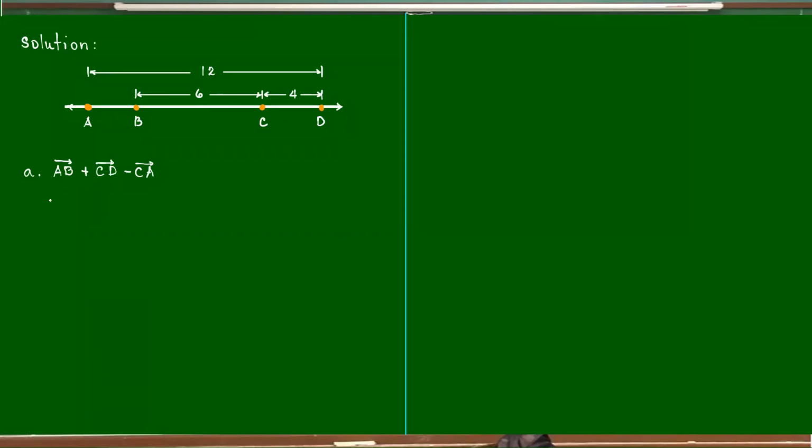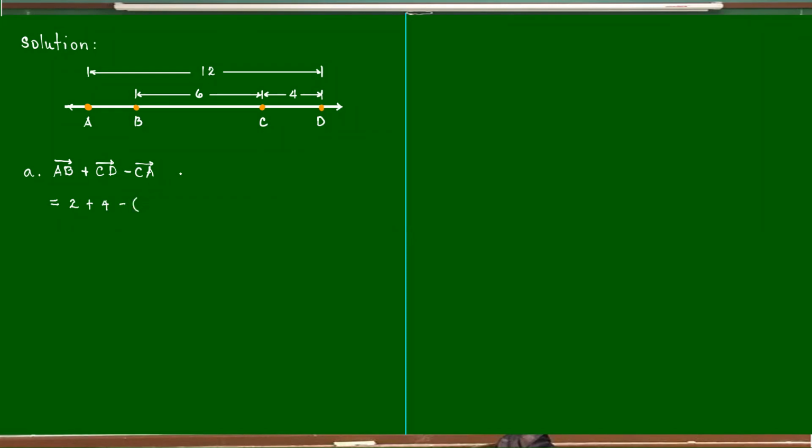Okay. So what is AB, guys? AB is equal to 2, no? Because if this is 12 and this is 10 from B to D, the remaining part here is 2. Plus CD. CD is taken as positive also, no? Because that is from left to right. So the value is 4 minus CA.